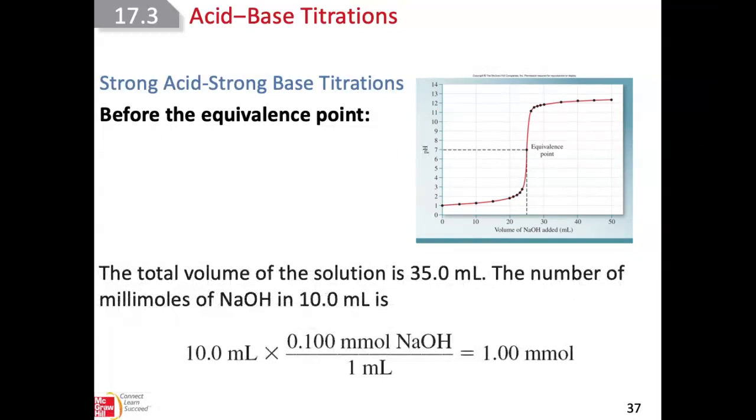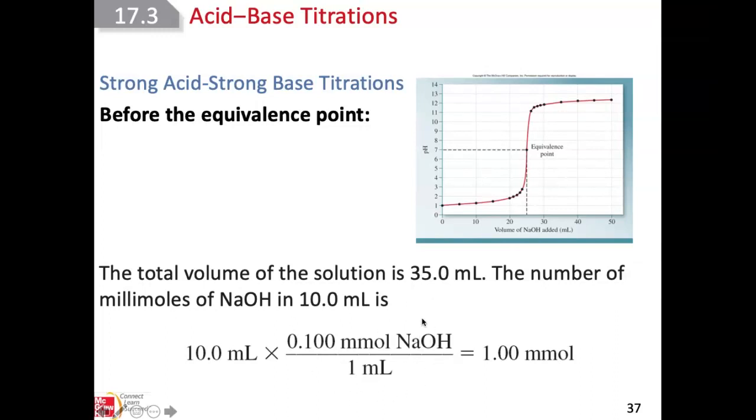So before the equivalence point, when I'm adding the 10 ml of NaOH solution, the total volume of the solution will be 35. Don't forget I have 25 ml of HCl, and I added 10 ml of NaOH. And now I want to find the number of millimoles of NaOH, first of all, in 10 ml of this 0.1 molar solution.